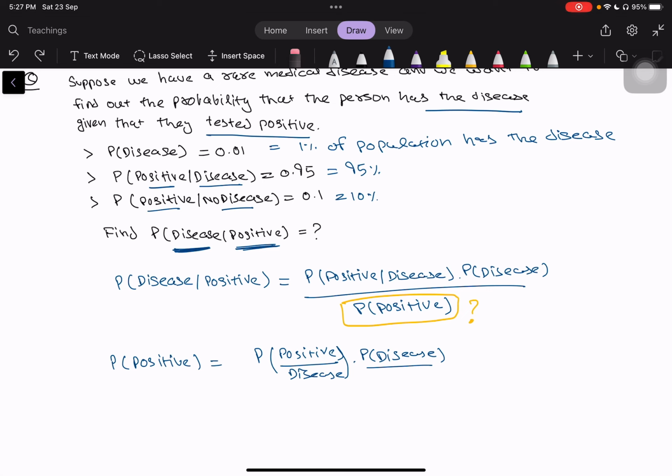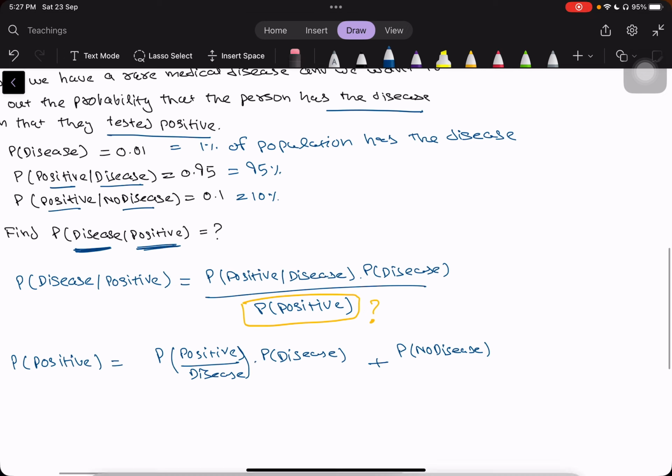Or we can say that probability that you don't have the disease and you still get tested positive for it, right?